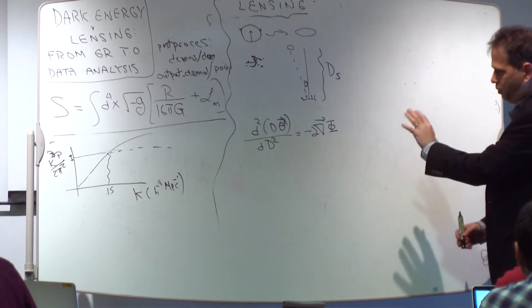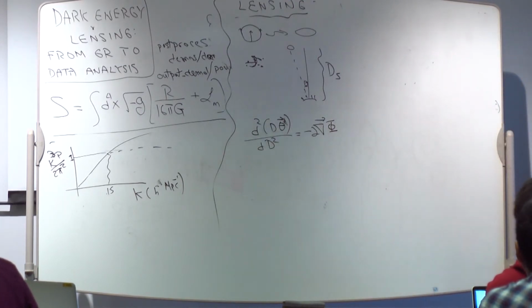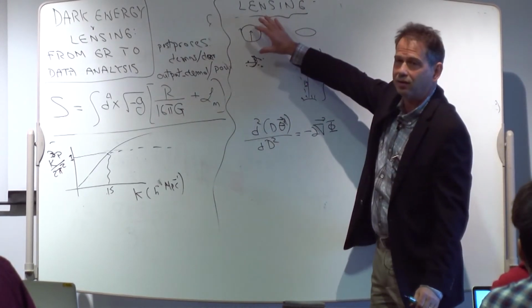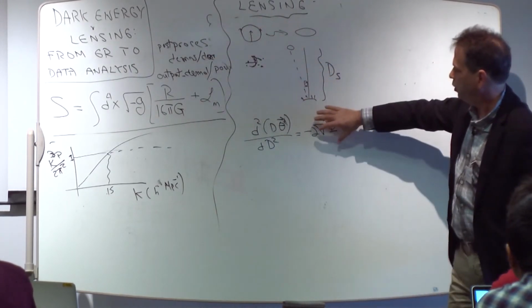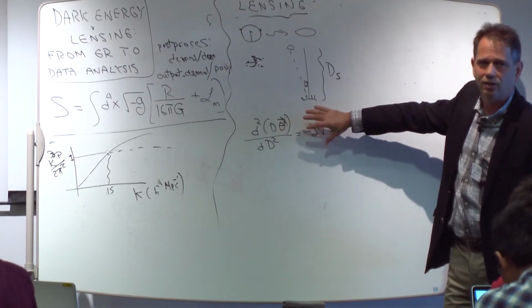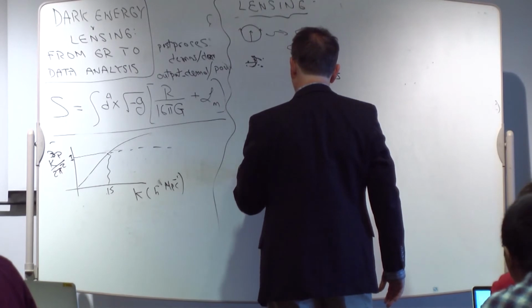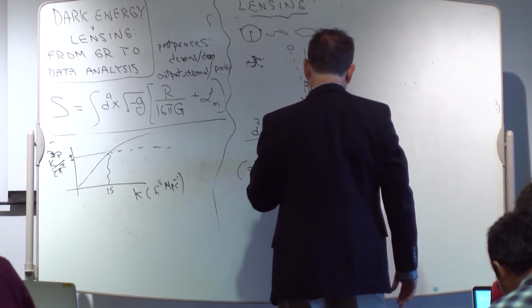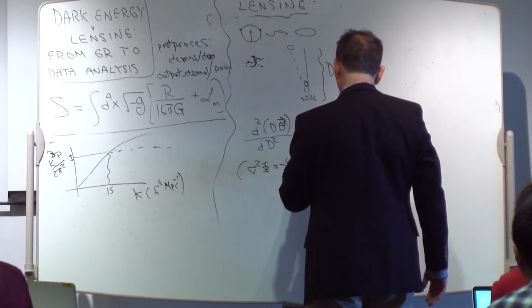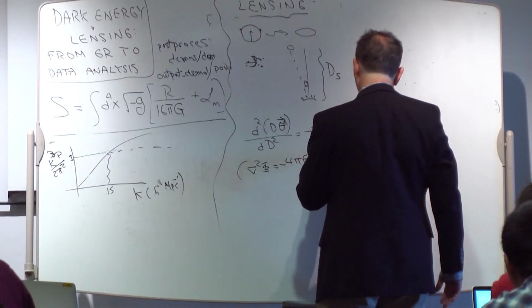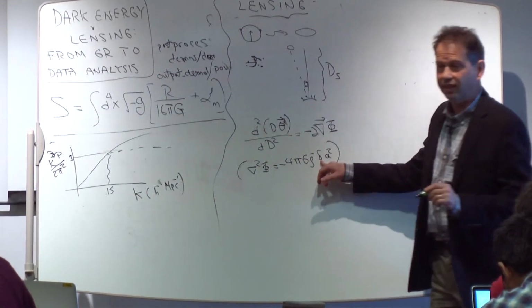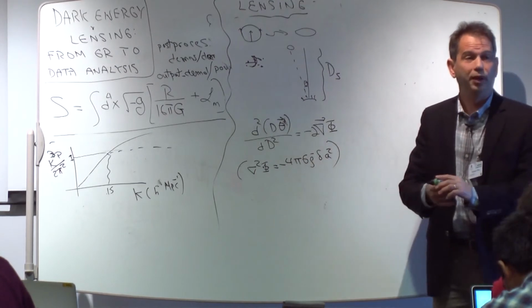So we're going to solve this equation in a second, but right away you can see something magical. And that is, if we can observe this effect, then we can learn about the intervening gravitational potential. And remember, by Poisson's law, the gradient of the potential is related to the overdensity. And this overdensity is the power spectrum that encodes the information about the growth.